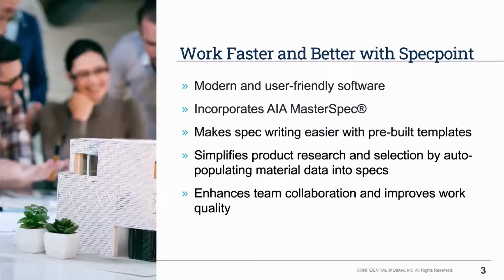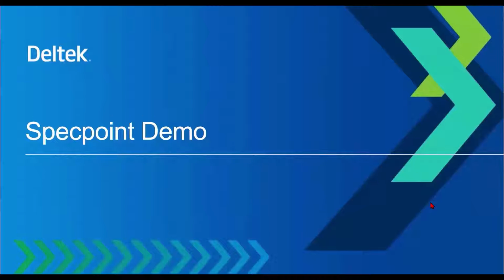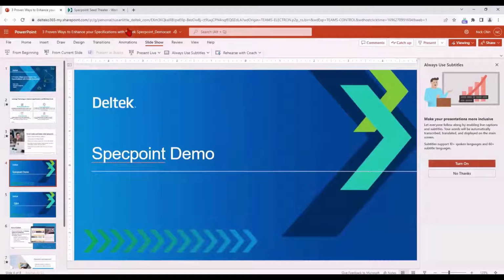And we'll also be talking about how we have collaboration features. Obviously, Specpoint, being a cloud-based environment, really ensures that you can work collaboratively with your team for specifications and how that can improve the quality of your work all around. So with that, let's go ahead and jump right into a demonstration of Specpoint.